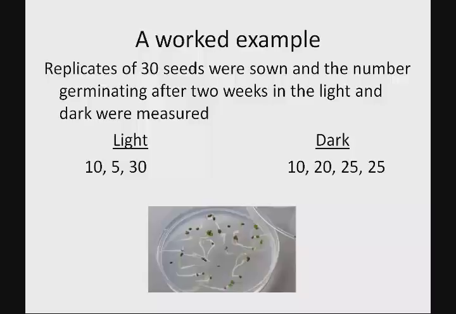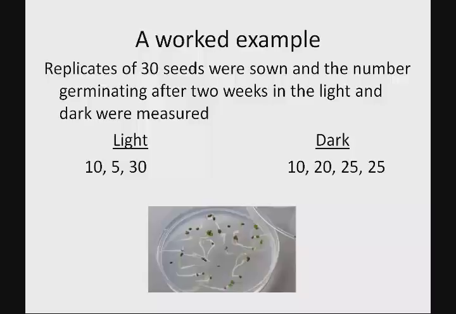So let's say we have a test where we're looking at the effect of light or dark on the germination of seeds, and we've sown 30 seeds in a petri dish, and we record the number germinating after 2 weeks in both light and dark. In this case we've got 3 replicates in the light and 4 replicates in the dark.